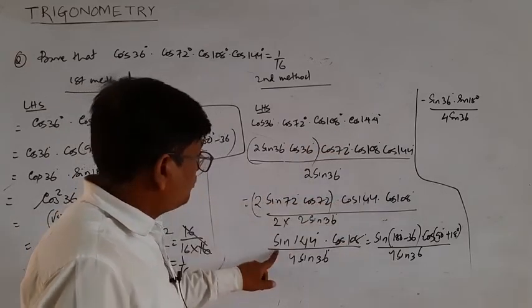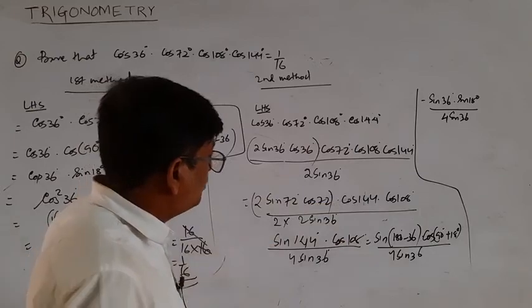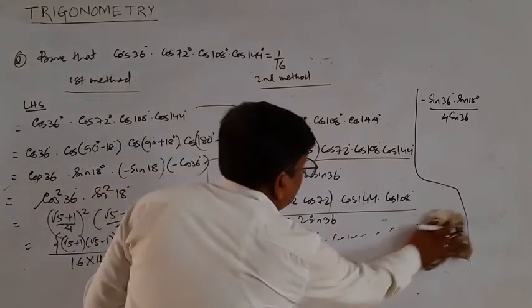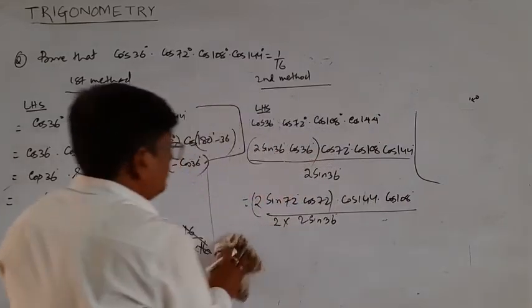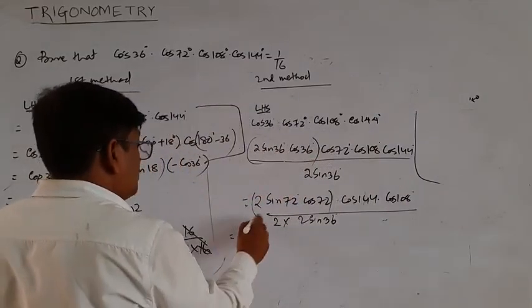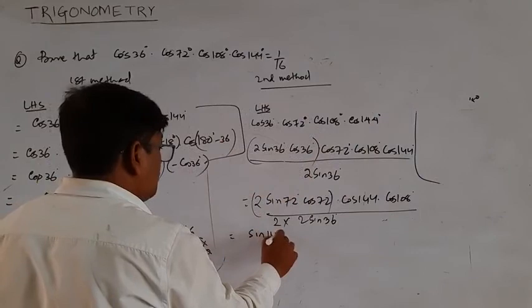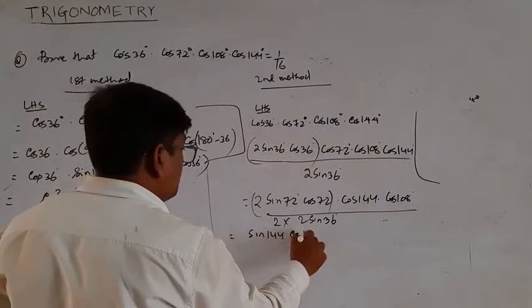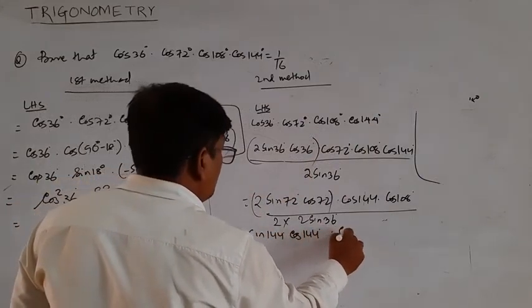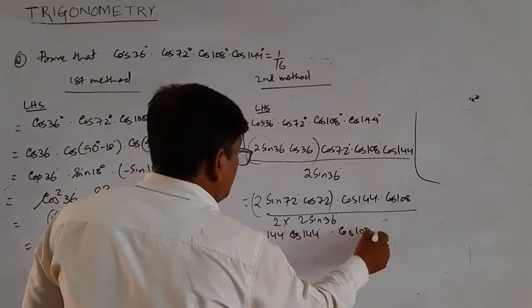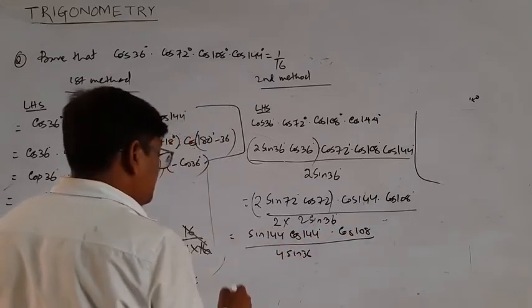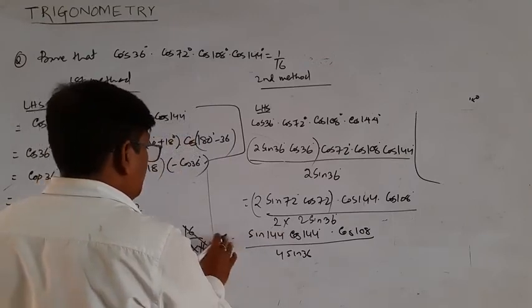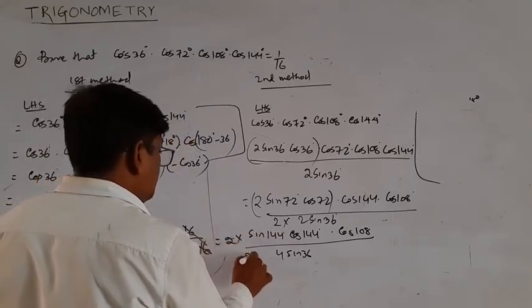One step is here. So this is sin 144 into cos 144 into cos 108 divided by 4 sin 36. Again into 2 by 2, again into 2.